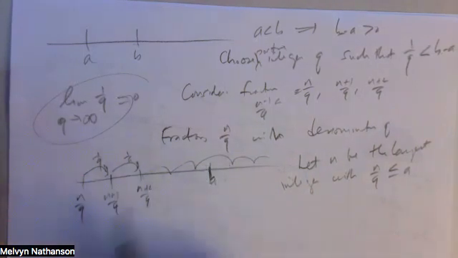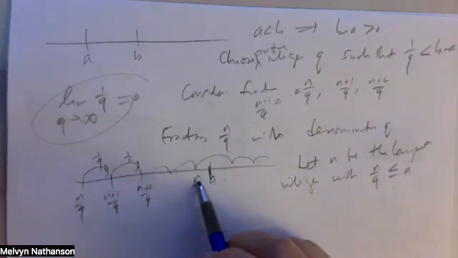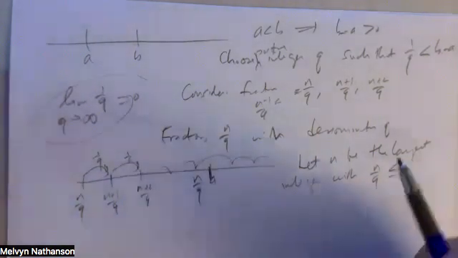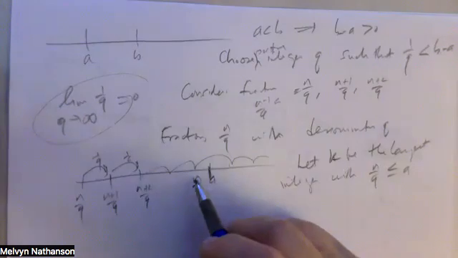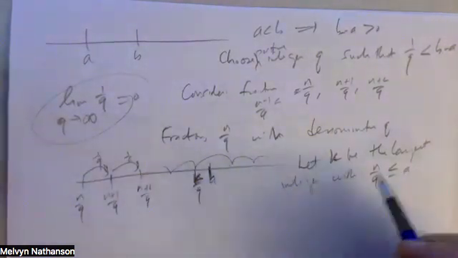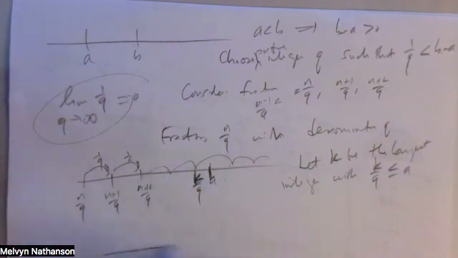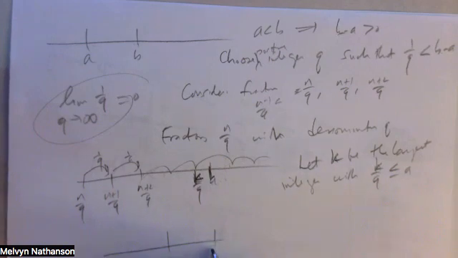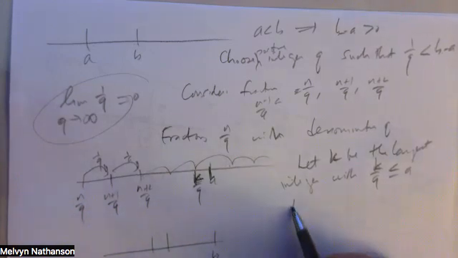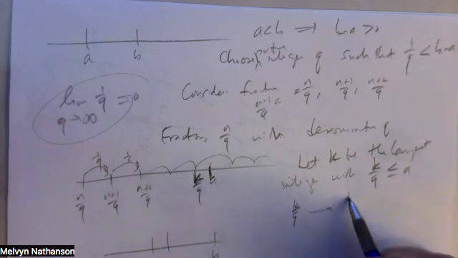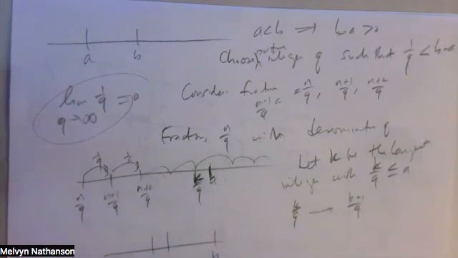So just choose the largest integer, I'll call it k, where k over q is less than or equal to a. So let me just blow this up. Here's a, here's b, and here's k over q. And the next biggest number in the sequence of these fractions is k plus 1 over q.